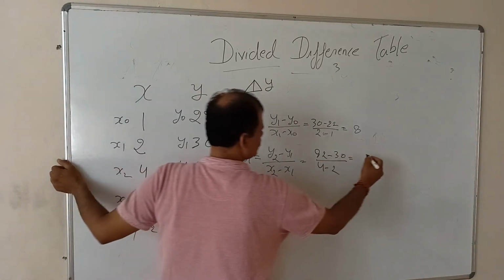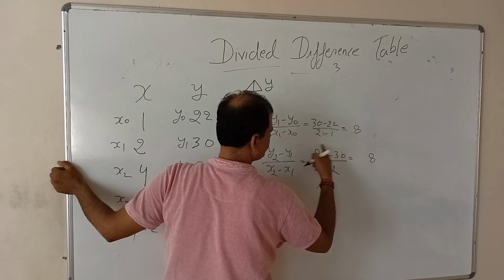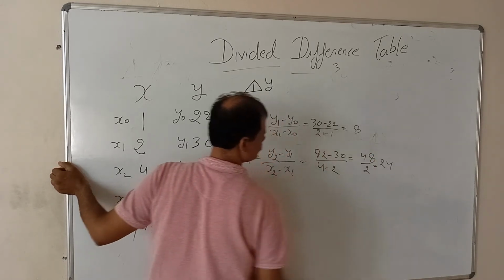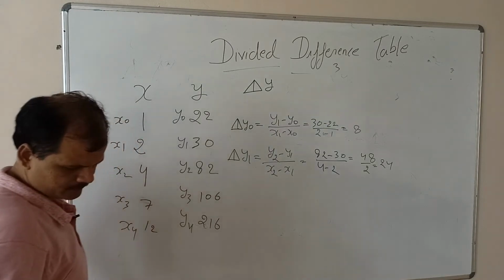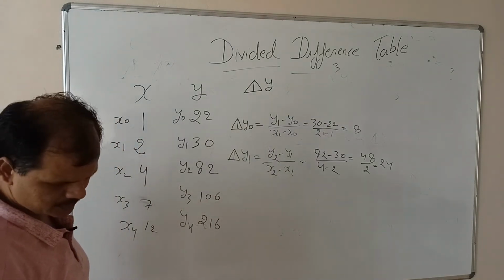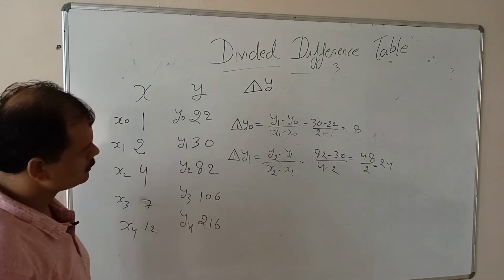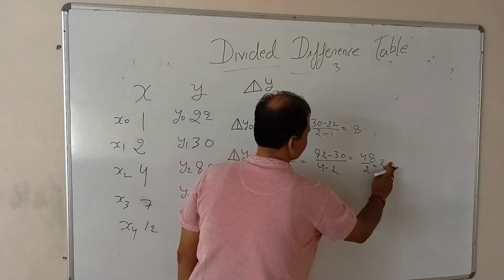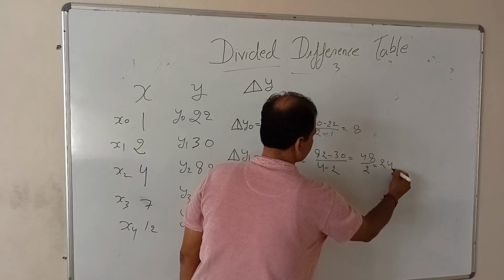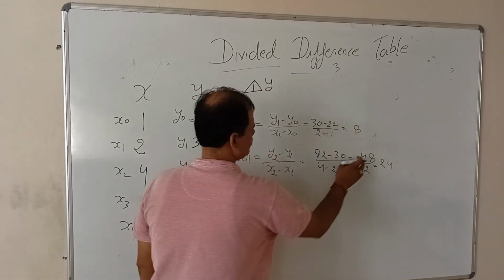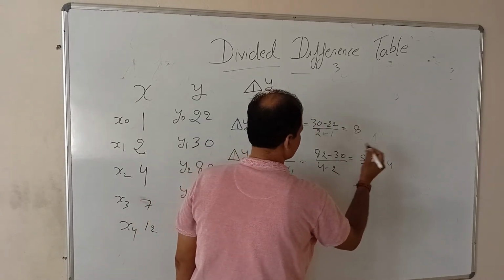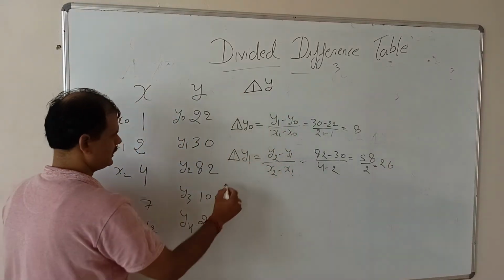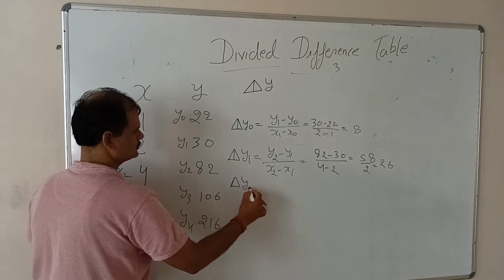So we get 26. Fine, 82 minus 30 by 4 minus 2, so we get 26.